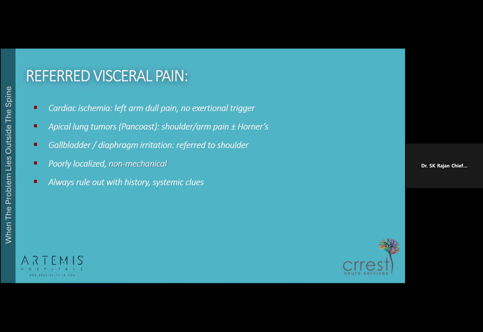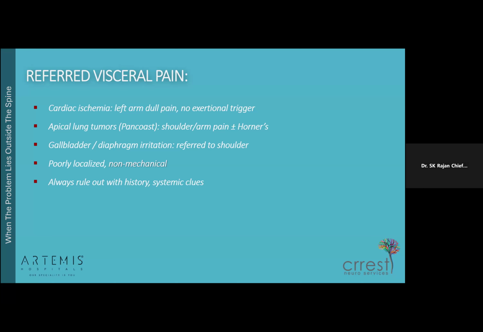And we may sometimes mistake it as a radicular pain. So extremely important. In this, it's important that it's a dull pain. There's no radicular picture, and you should think about this in patients who are middle-aged, especially diabetic, and really it can happen even in a younger subset of patients. Apical lung tumors, pancreas tumors.